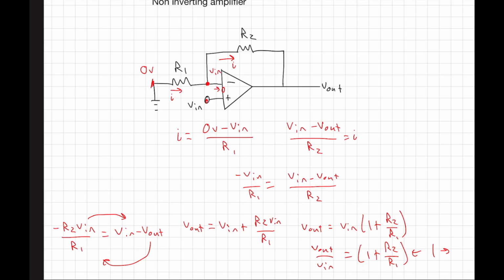If you had R1 be 0 and R2 be large, you could get this range of gains 1 to infinity. And that's not always what we want, because we might want values that aren't unity gain. So like if we wanted like 0.2 gain or something like that.